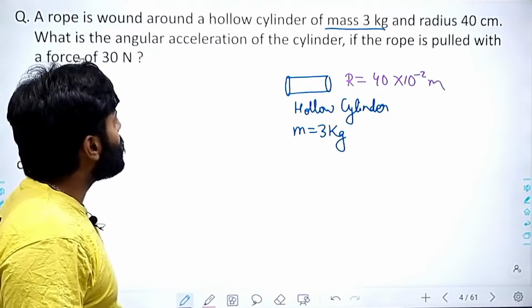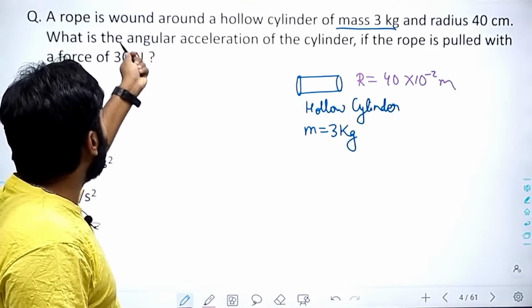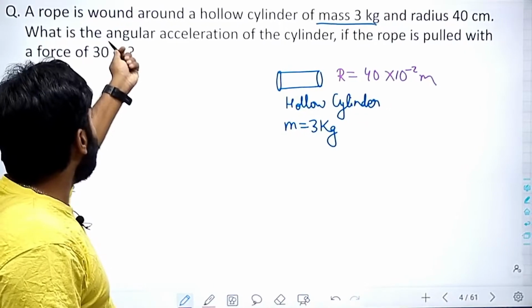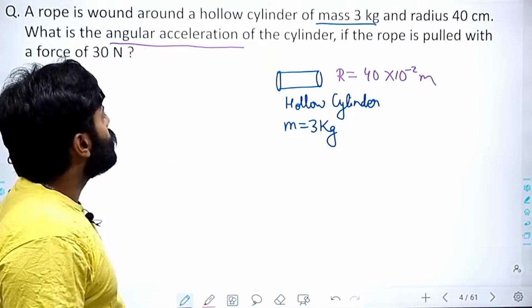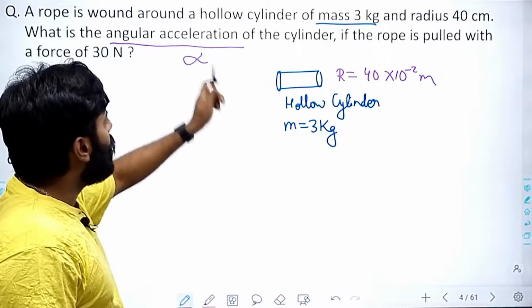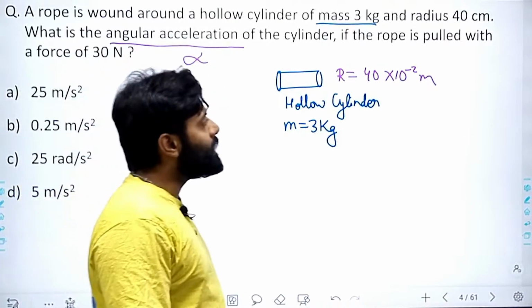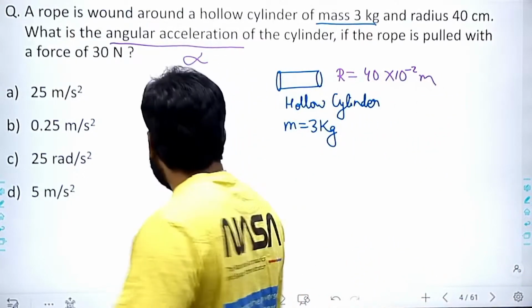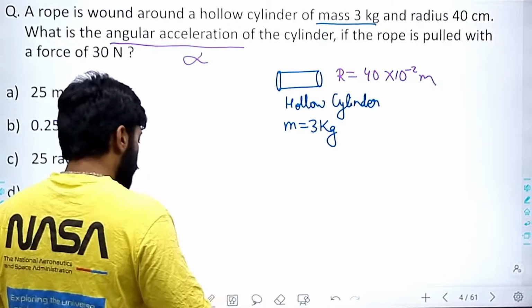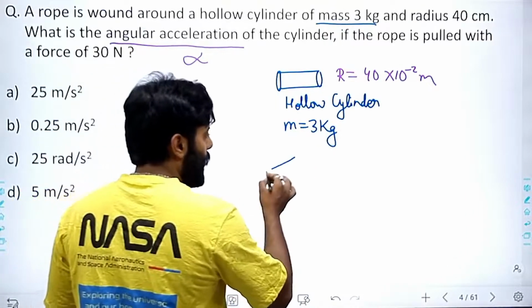What is the angular acceleration? So this is asking about the angular acceleration, alpha of the cylinder, if the rope is pulled with a force of 30 Newton. Okay. Got it. Let's assume that we have a table.